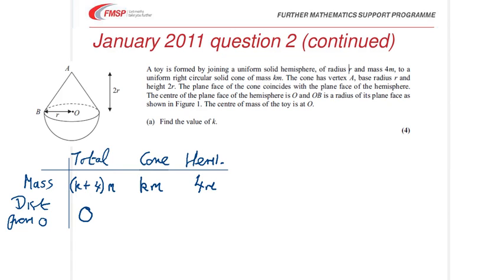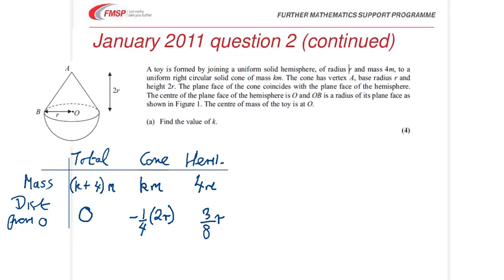Now in this case, the centres of mass of the cone and the hemisphere are on opposite sides of O. For the hemisphere, again from the formula book, it's 3/8 r from the centre of the hemisphere. So the hemisphere is 3/8 r below O, and the cone centre of mass is a quarter of 2r above O, hence the opposite signs.